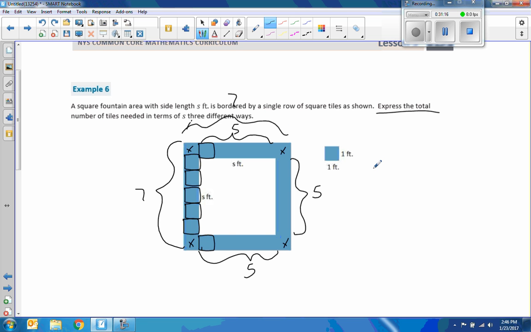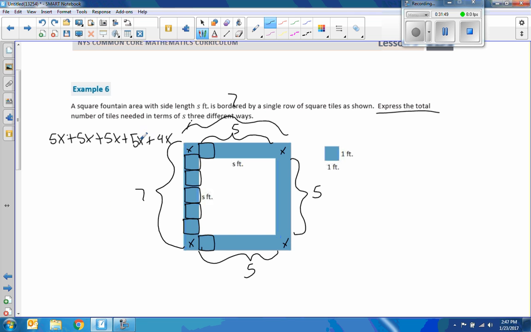Okay, so I could say, well, if each tile is 1x, I could say 5x plus 5x plus 5x plus 5x plus 4x, for instance. 5, 10, 15, 20 plus the 4 corners. Okay, that's one.